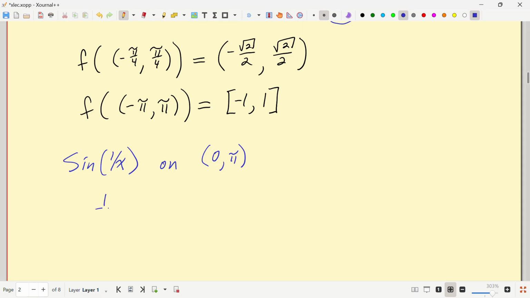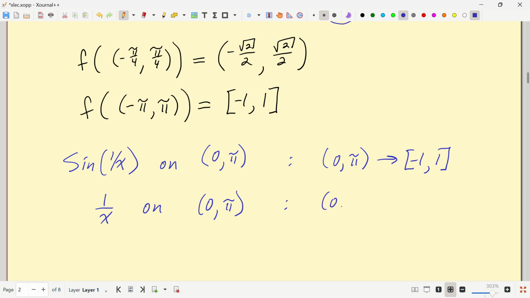And how about just 1 over x on 0 to pi? Let's see, it blows up. The smallest thing it ever gets is 1 over pi, and it would blow out to infinity.